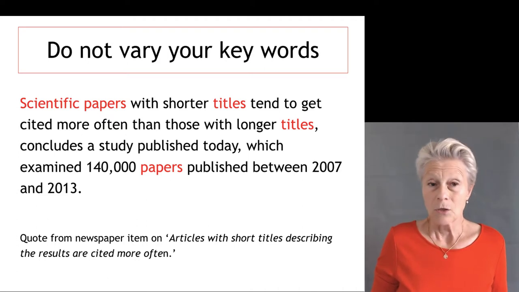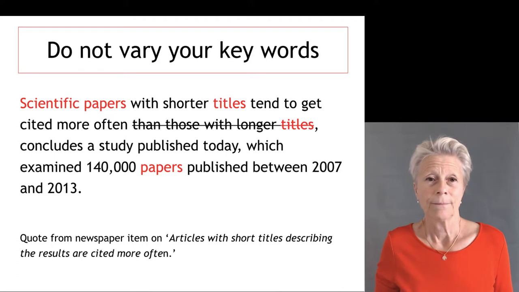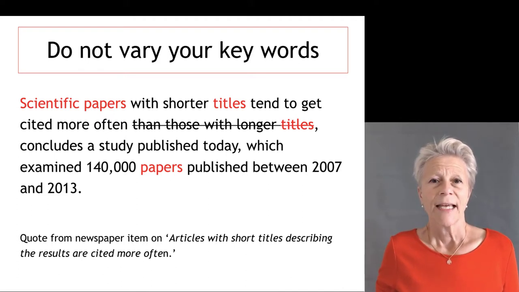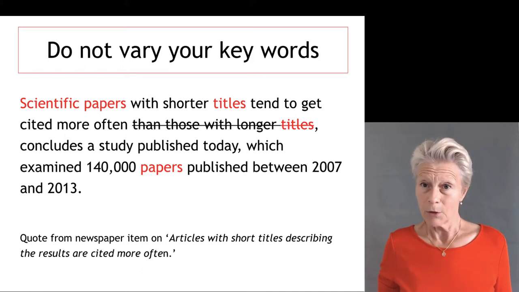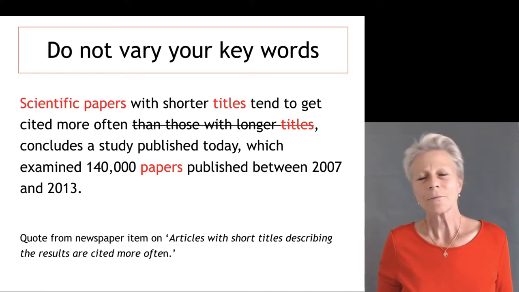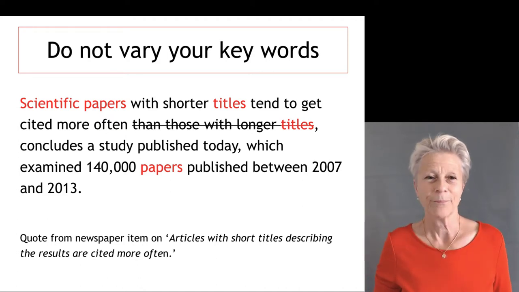Repeat titles, or leave the repeating phrase entirely out. Scientific papers with shorter titles tend to get cited more often. Clear enough? Well, of course, if you want to put more emphasis on the longer titles, you should keep them.